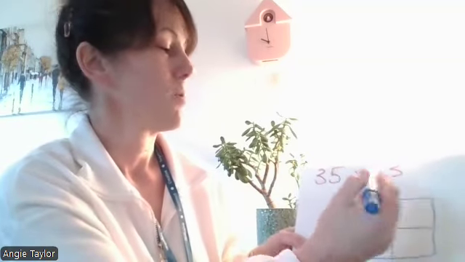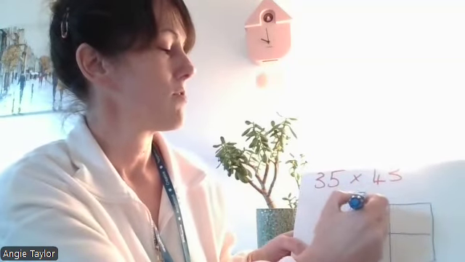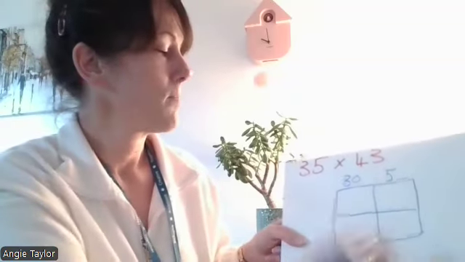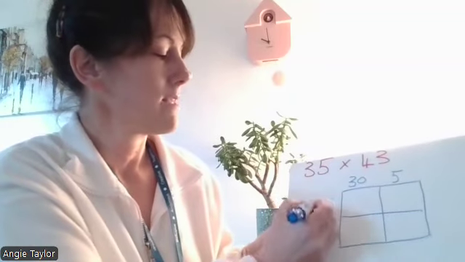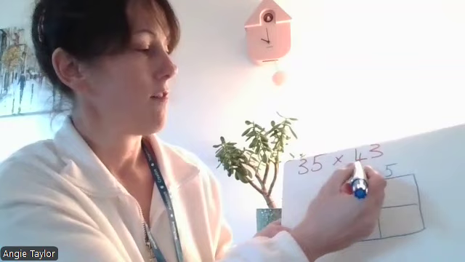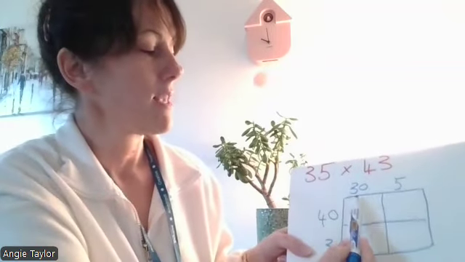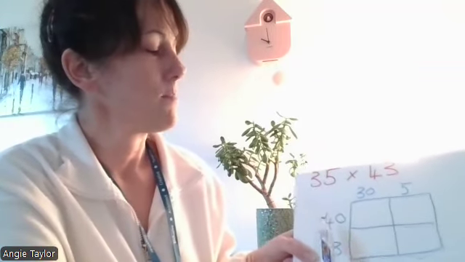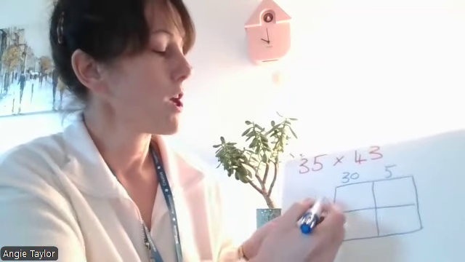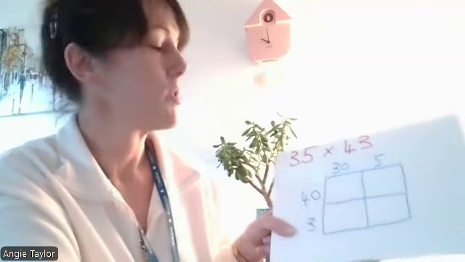It doesn't matter where you put your numbers, but I'm going to go 30 and 5 across the top, 35. And down this side, I'm going to have 40 and 3 for our 43. So now I've got 35 times 43. We're going to go and work out each of these and put the answer in the box.